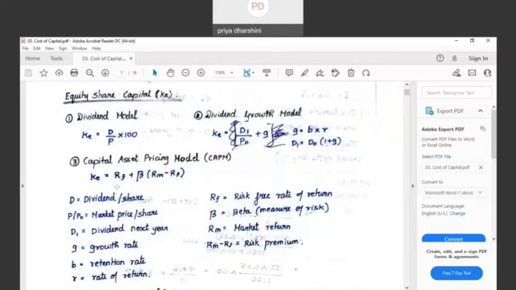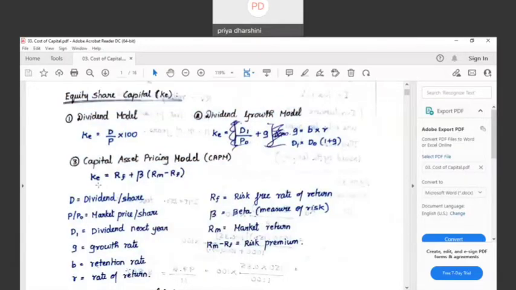So if I want additional return, it comes along with risk. So I find the risk adjusted rate of return. So I add the risk adjusted rate of return to the risk free rate to know my total return from equity. That is how cost of equity is measured.